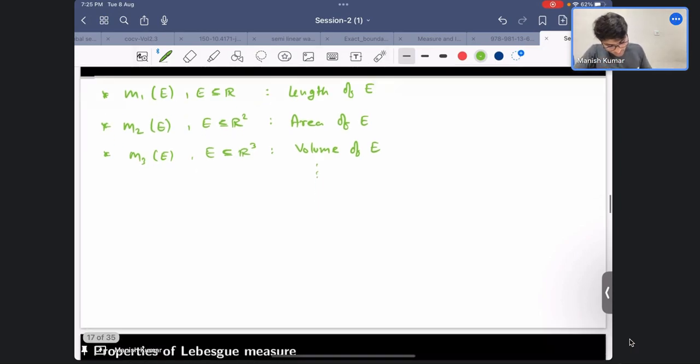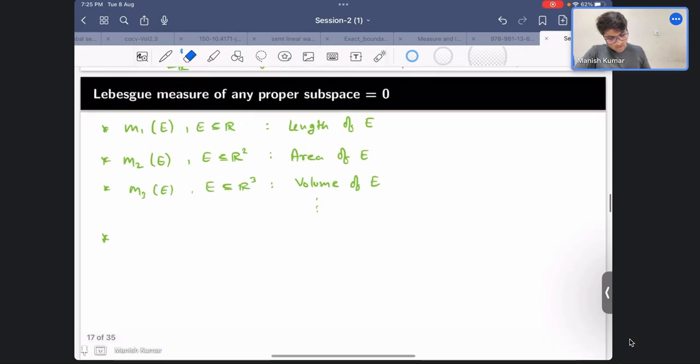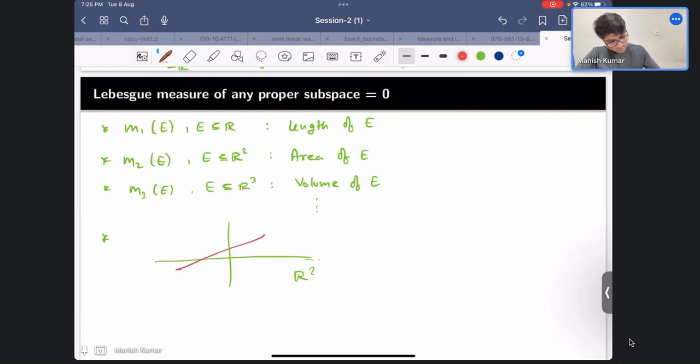So what this means is that if you are in R2, let's say this is my R2 space, and you take any line of this sort, so let's say this is E, then m2 of E is 0, because it is not covering any area of R2.